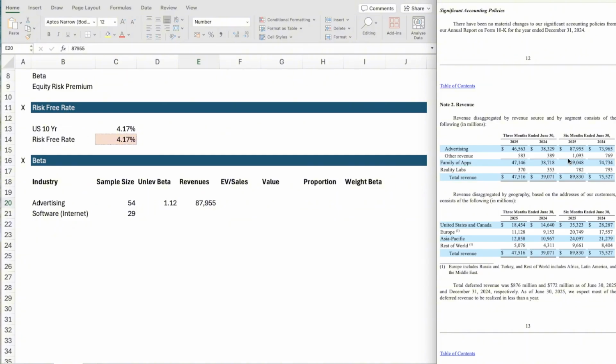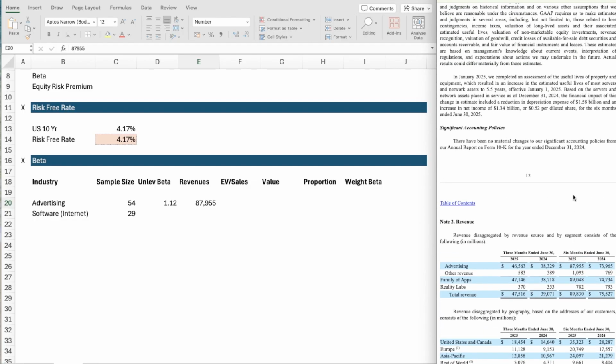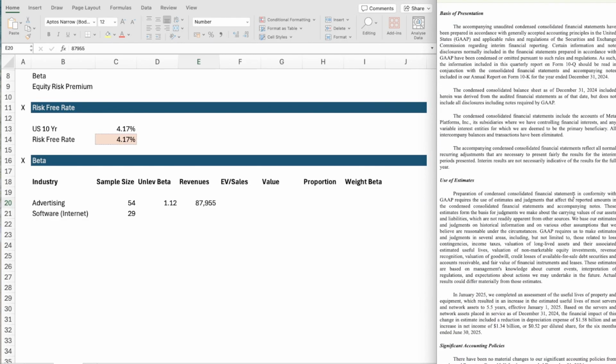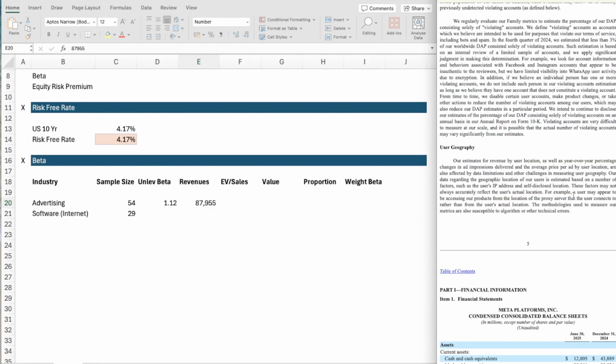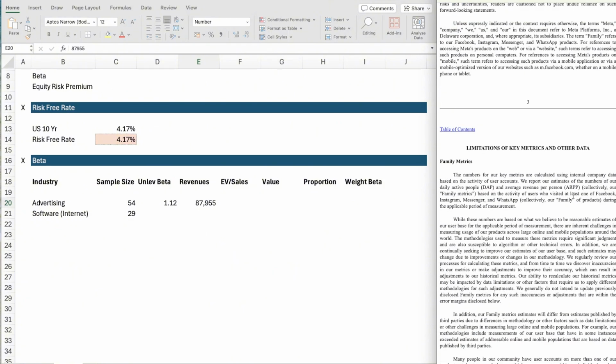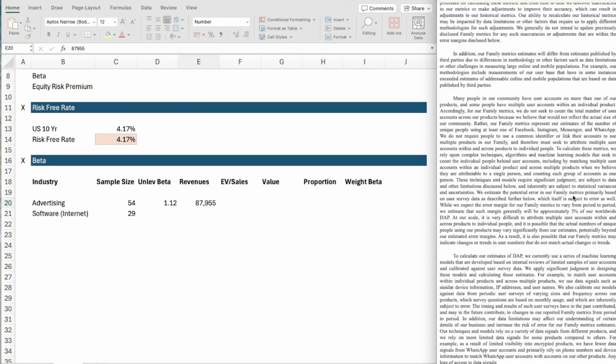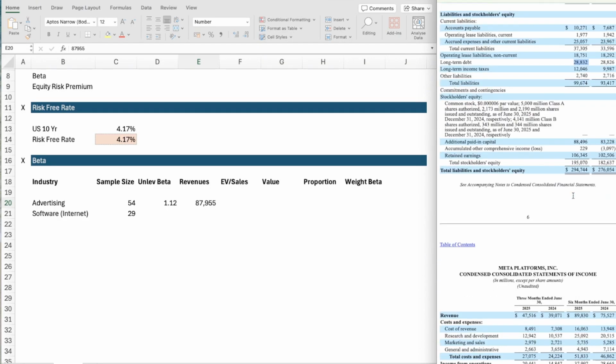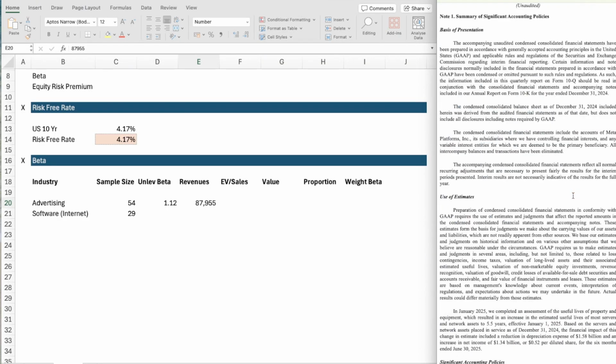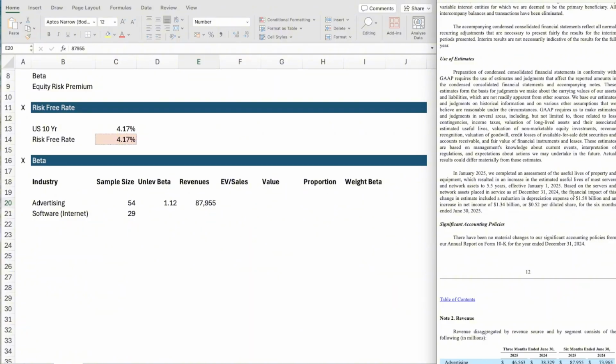Other revenue, I wonder what that is. Let's have a quick look to see if they say, because then we can categorize it further.